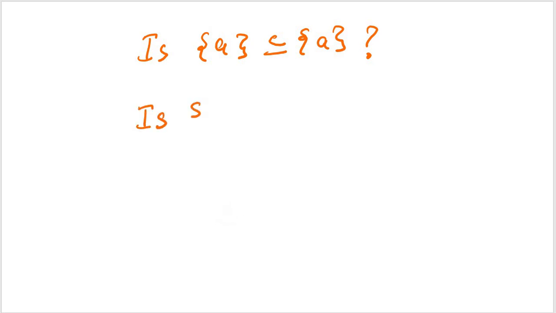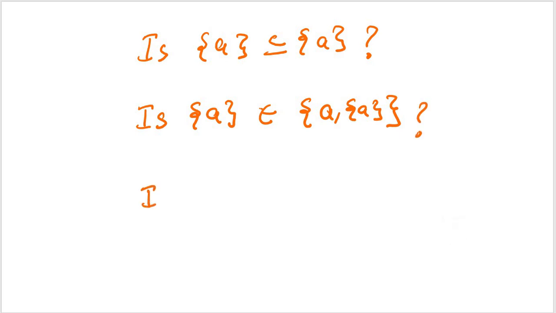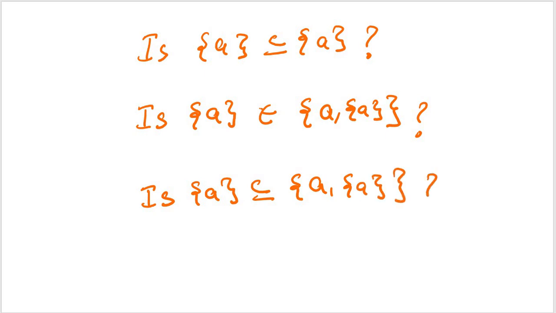Is your A, an element which is there in a set, exists in this, and whether this holds true or not. Additionally, is this true or not?